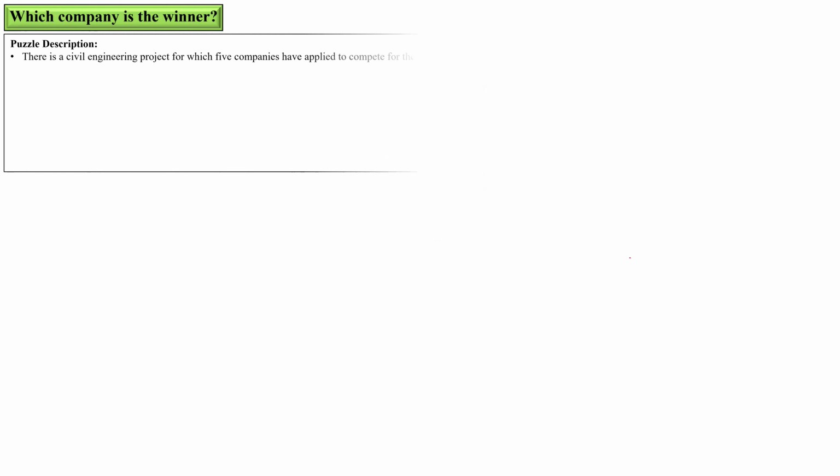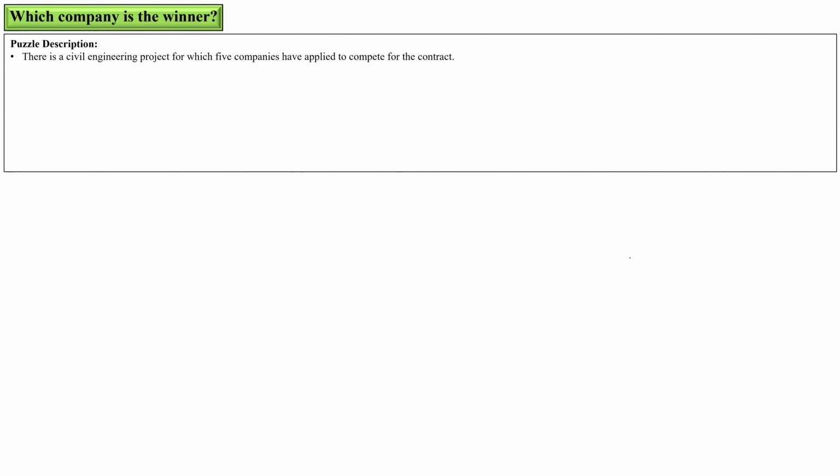In this lecture also, we want to start with a scenario. Suppose that there is a competition where some companies are applying for a project, for a contract. This could be a civil project or something like that.